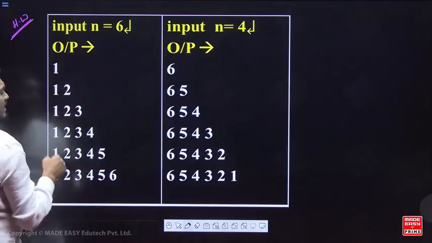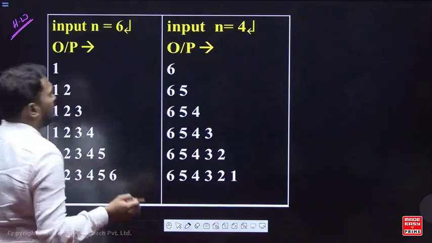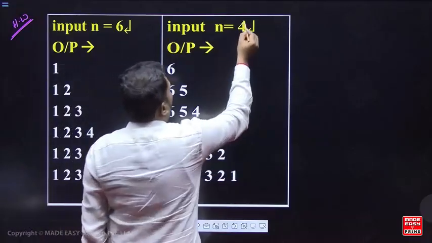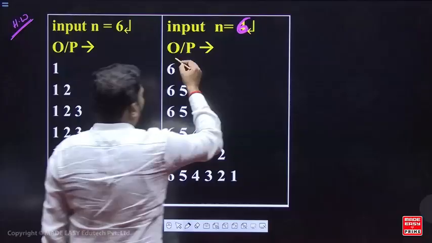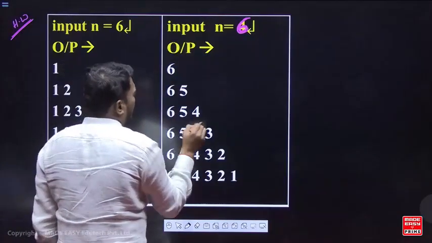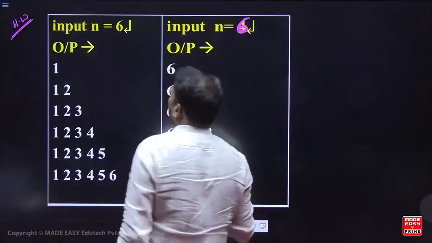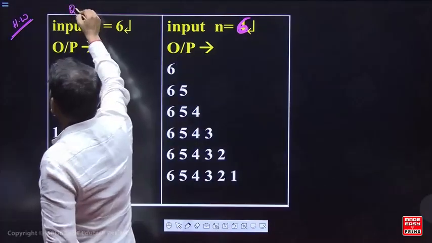You want to print a pattern like this: 1, 1 2, 1 2 3, 1 2 3 4, 1 2 3 4 5, 1 2 3 4 5 6. And for the next one, you take the same input, 6, and I want a pattern like this: 6, 6 5, 6 5 4, 6 5 4 3. So that is the homework. You have to do that by using the loops.